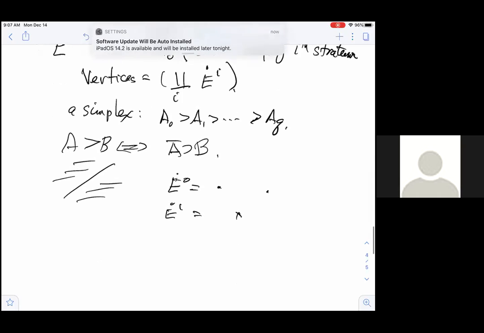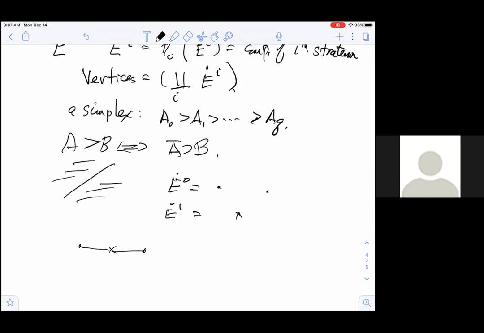So our simplicial complex has 3 vertices, and this vertex is connected to both the other 2 because this stratum is in the closure of both this one and this one. So you have 2 edges, and that's it. These 2 strata are separated. Neither is contained in the closure of the other. Okay. So that's what we get.